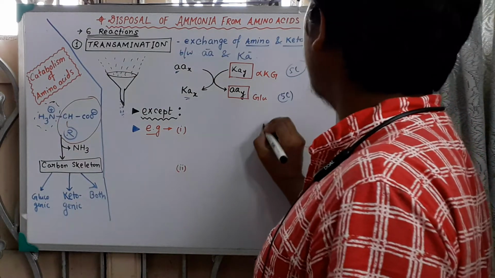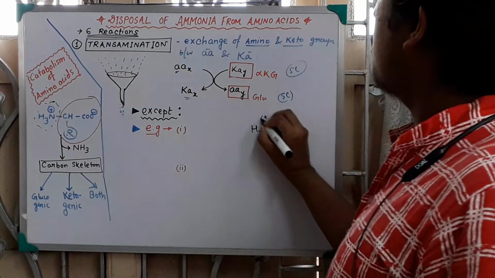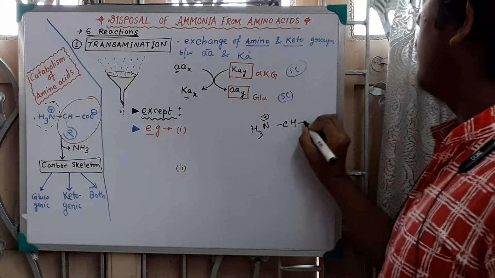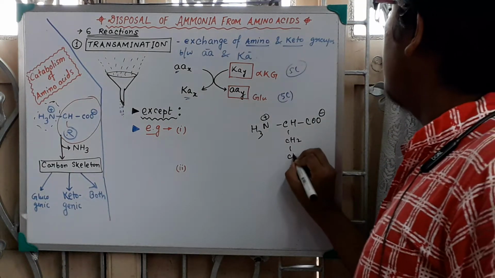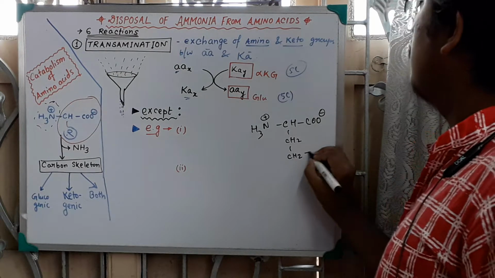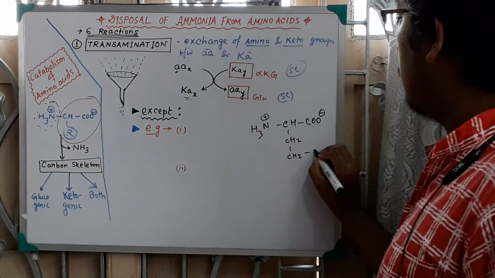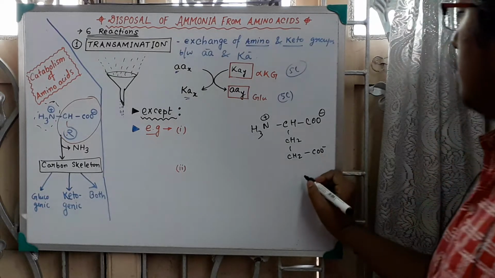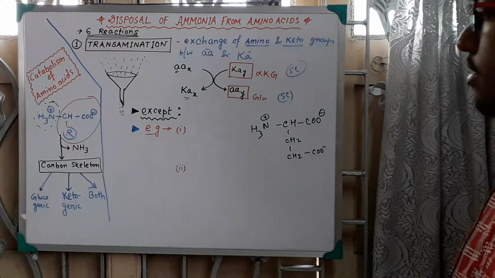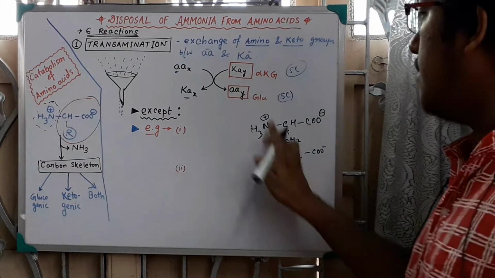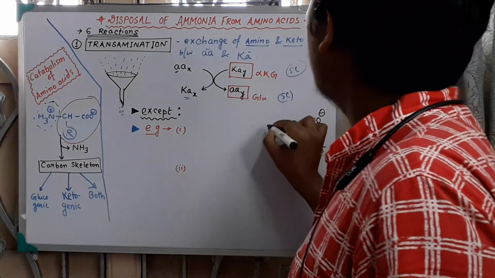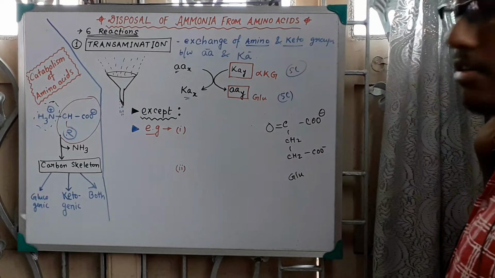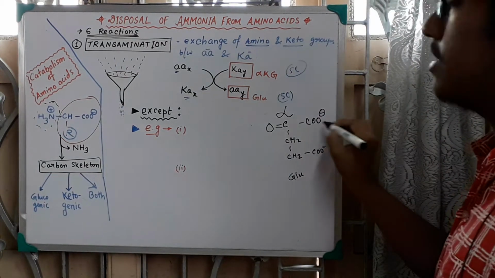What is the structure of glutamate? CH2, CH2, COO minus. This is our glutamate. If the amino group is converted into a keto group, then this is alpha ketoglutarate, because it is at the alpha position, next to the COO minus.